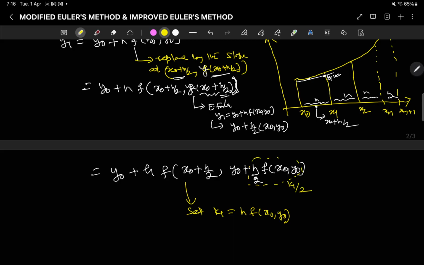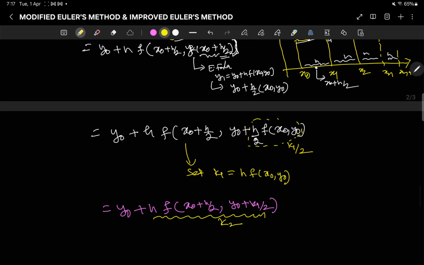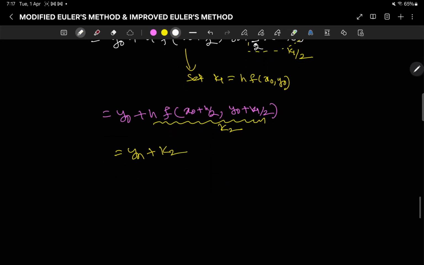Then I write this will be y0 plus hf(x0 plus h by 2, y0 plus k1 by 2). Now if I denote this entire thing as k2, then I can write it is yn plus k2. So what is the necessary formula?